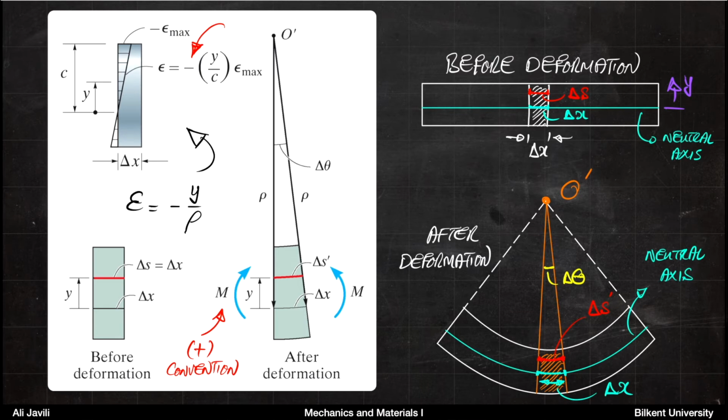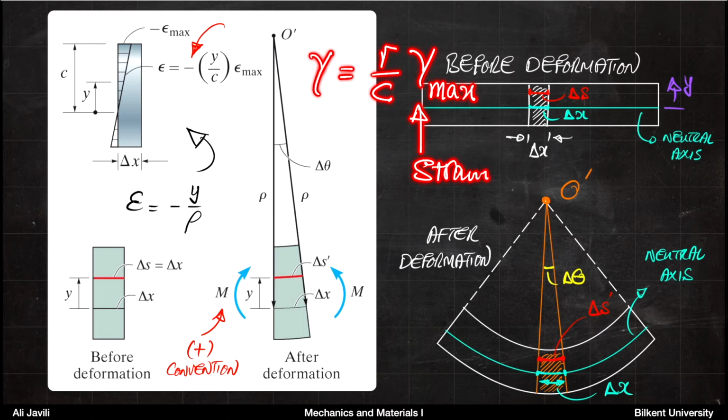And if you remember, in torsion, we also had a relation which looked like r divided by c times gamma max. And there, again, this was max strain, but this maximum strain was shear strain.